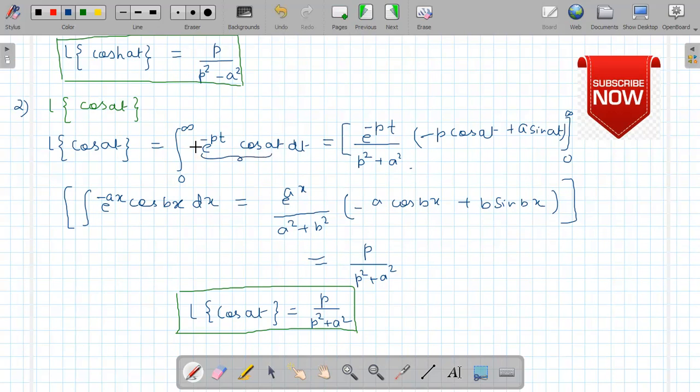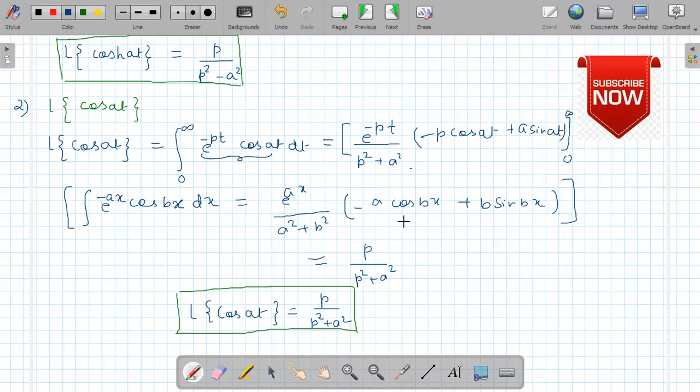To solve this integration, we use a standard formula of the indefinite integral of e raised to the power ax cos bx. This is defined here, as you can see. The integral of e raised to the power minus ax cos bx is equal to this.